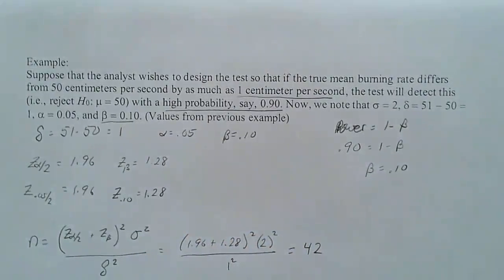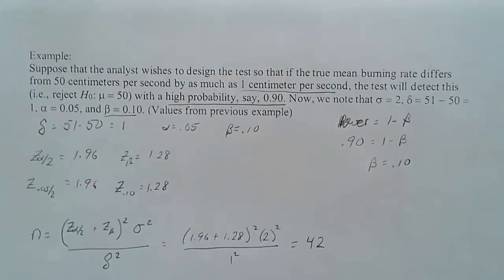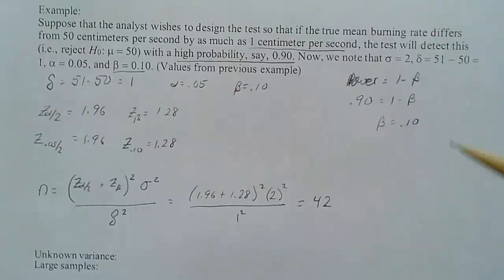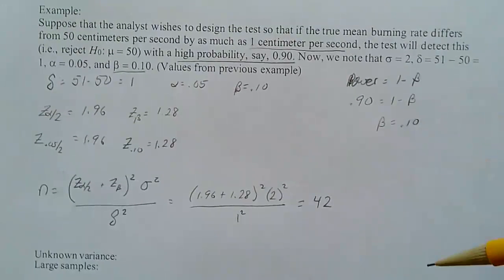So earlier, our problem told us that we were going to have 25 samples, and that only gave us a power of 70. Now, if we use a sample size of 42, we could guarantee that power of 90, that we would reject, as we should appropriately reject, that difference between means with a high probability, 90% of the time.